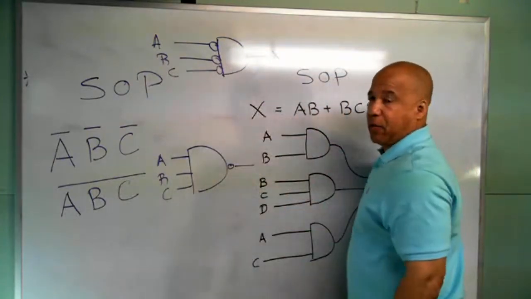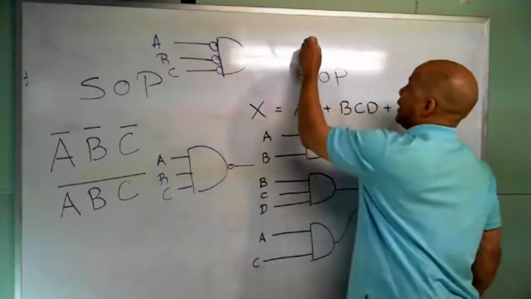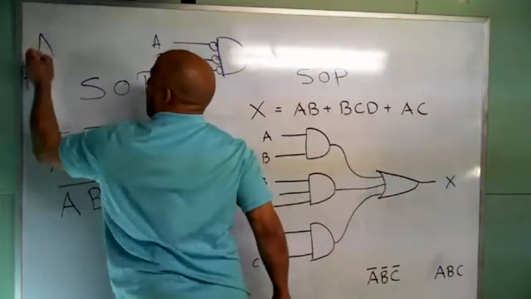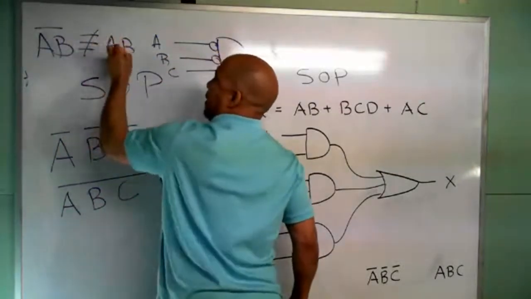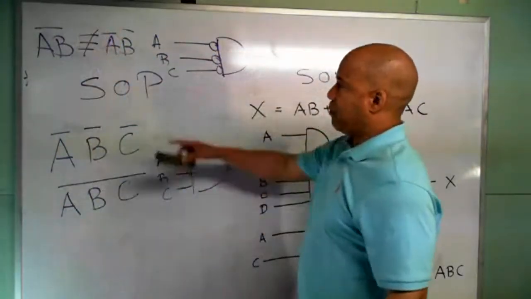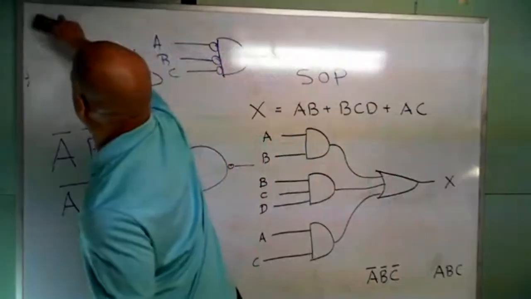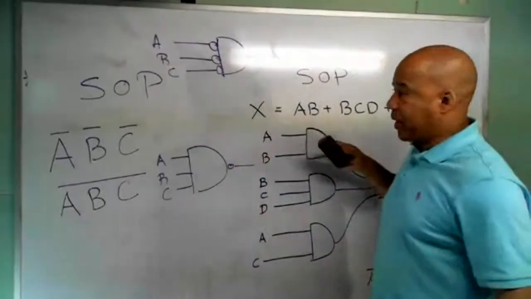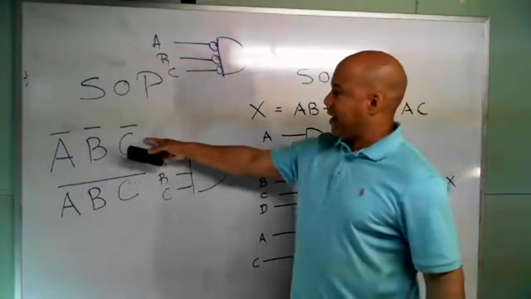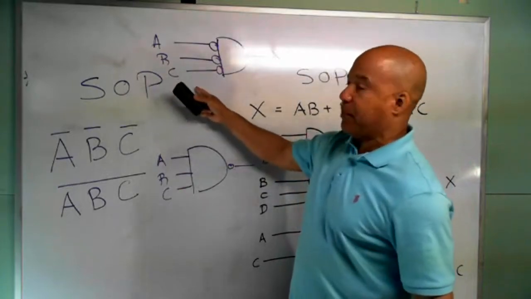They're not logically equal, and I actually showed this when we were together in class. I showed you that A, B, not is not the same as A, B, not separately like that. I proved that to you using the truth table. So the point I'm making here is that when we use this SOP form, we're allowed to have this, but we're not allowed to have this. This I can implement in a PLC program.